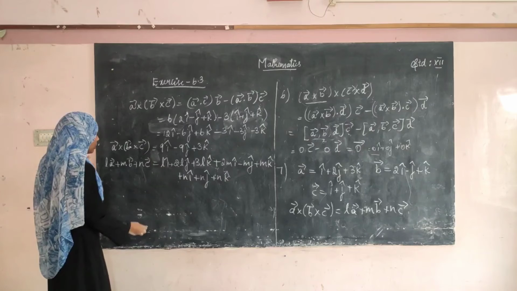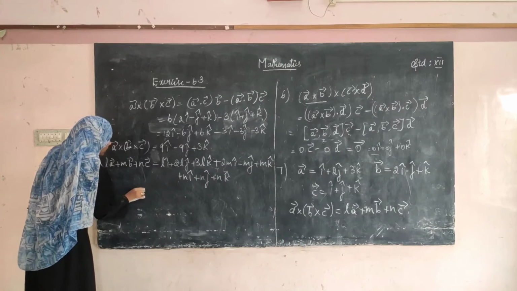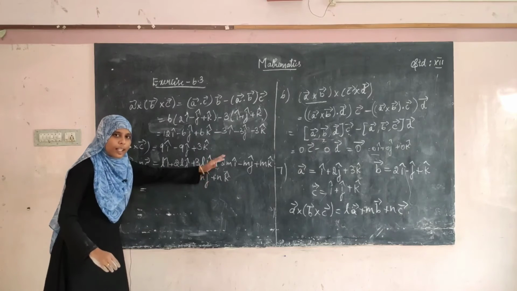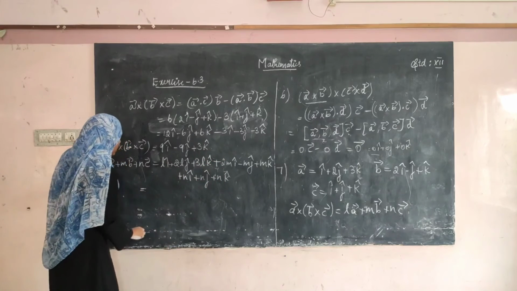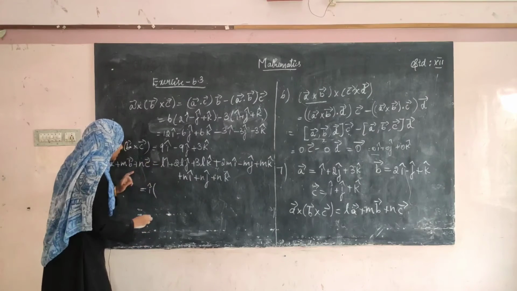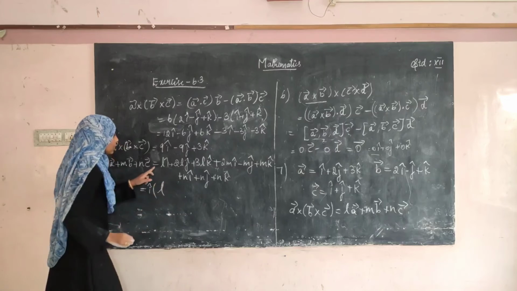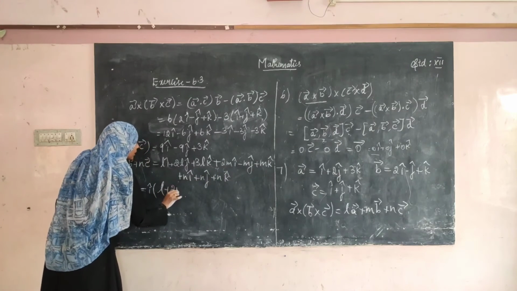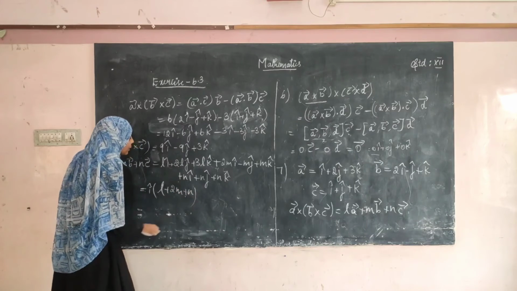Okay, now take the i elements separately, the j elements separately and the k elements separately. So i cap: l plus 2m plus n.